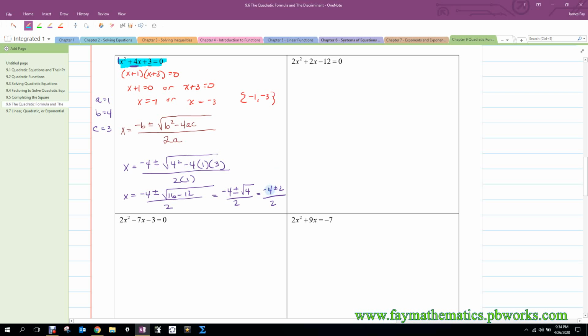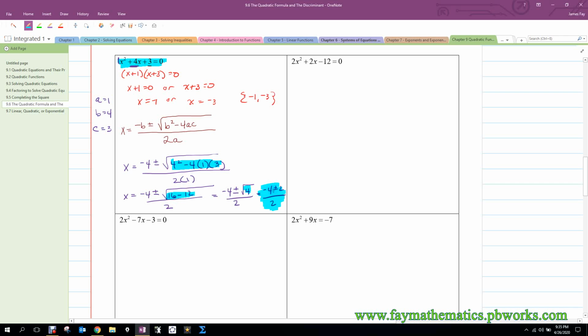Okay. A lot of simplification there, a lot of series of steps, rewriting that as that, and rewriting that as that, and then rewriting that radical 4 as the 2, okay?